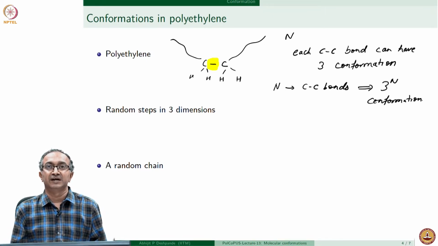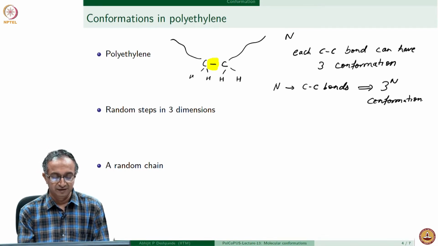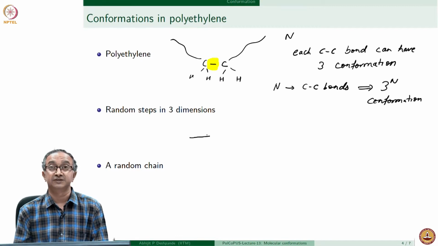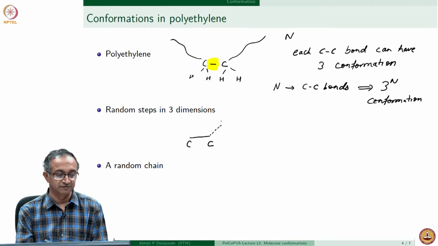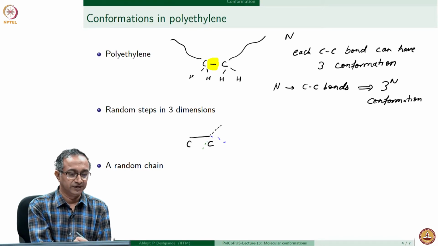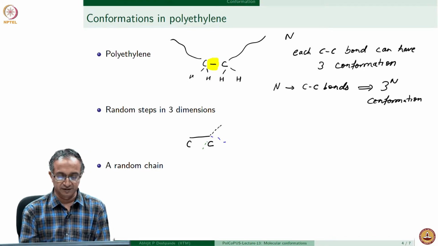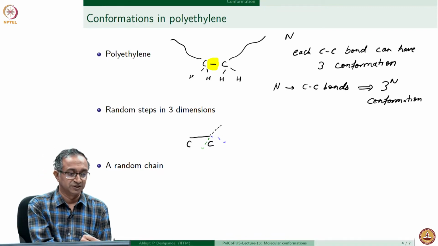And if you start thinking of this in terms of each and every CC bond as a single step. So for example, let's say, draw the first CC bond. Now the next question is, the next CC bond can occupy 3 different states, and I'm just going to use 3 different colors to indicate where the 3 different positions are. And then the next bond again.